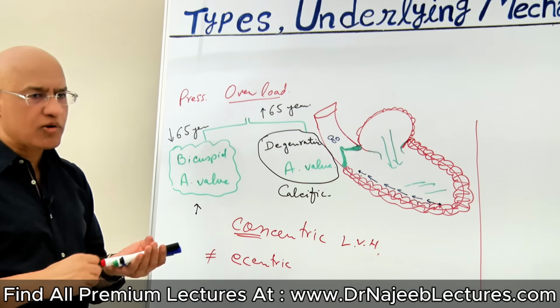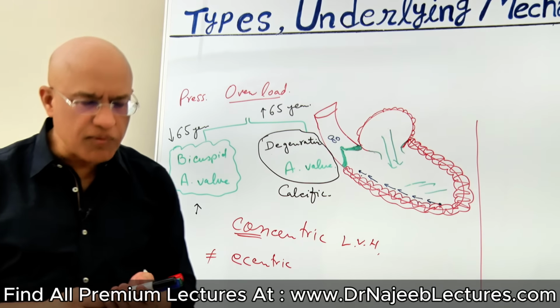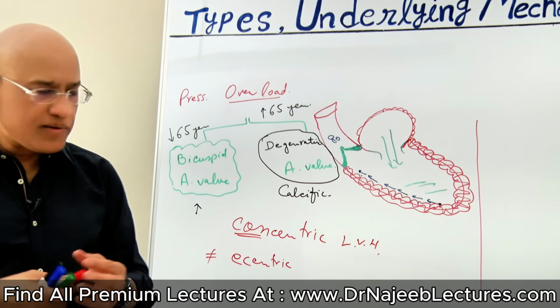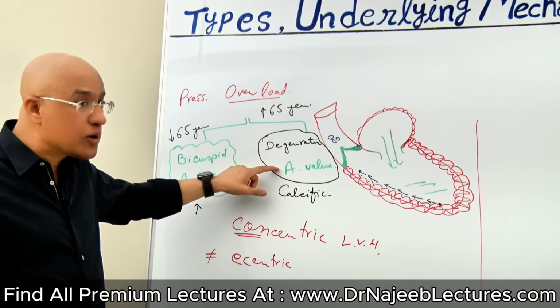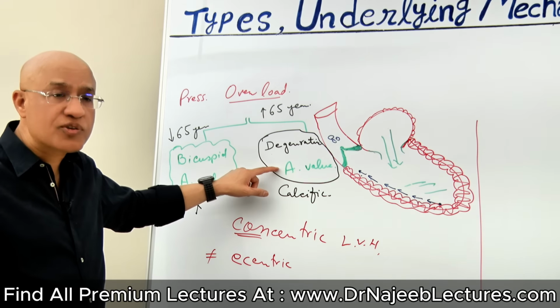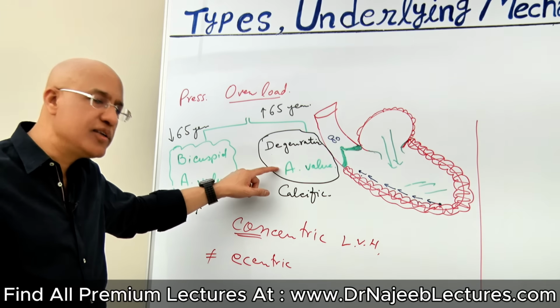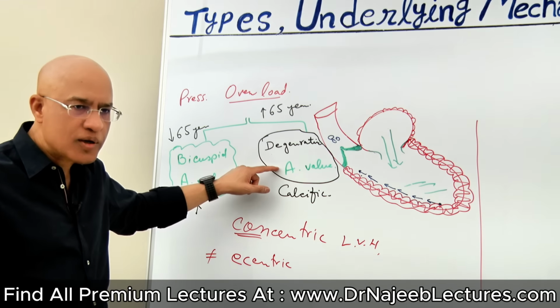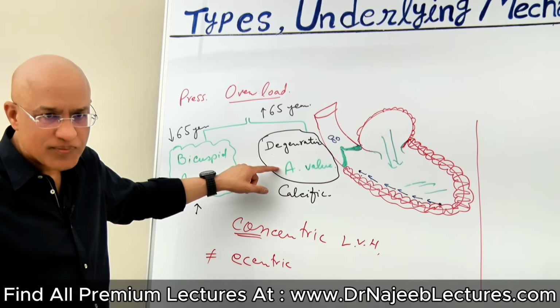What could be the underlying cause? Now they have discovered the risk factors for degenerative aortic valve are almost the same as the risk factors for atherosclerosis.